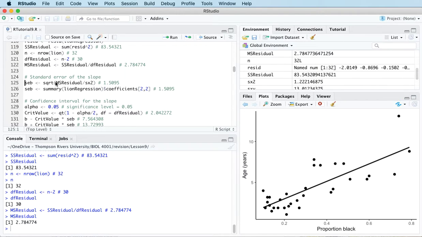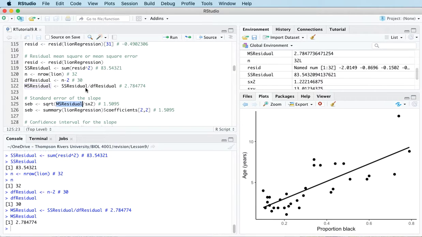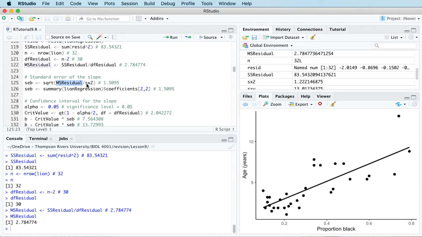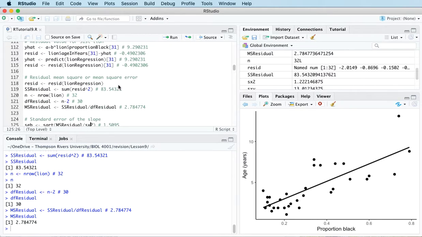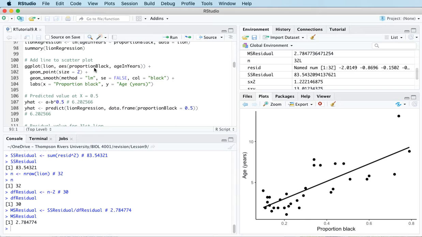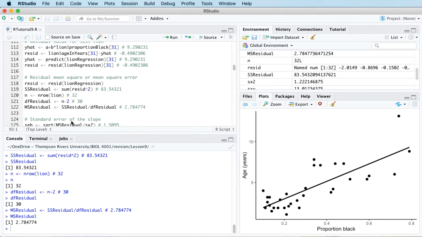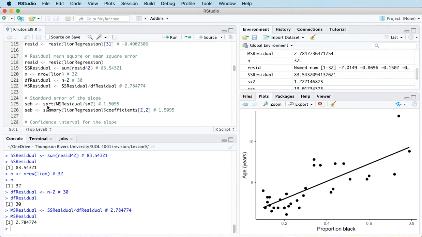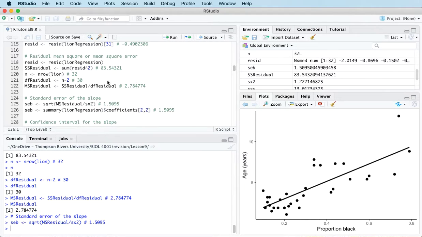If I take that mean squared error or residual mean square and divide it by sx2, what is that? So let's go back up and find out what that is. That's this quantity here. So if I do that calculation, then take the square root, I get something called the standard error of the slope.